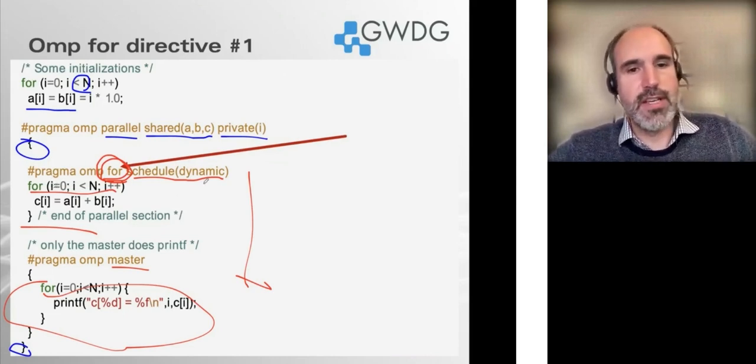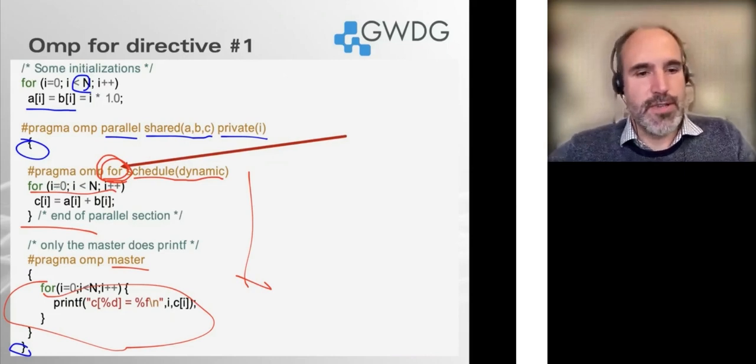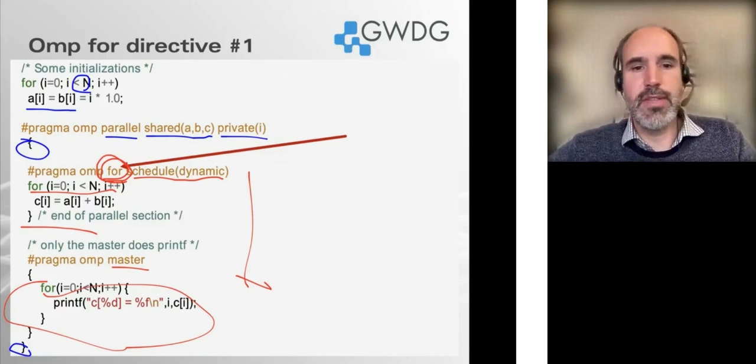And depending on your schedule, it is sometimes even unpredictable which iteration numbers i are assigned to a thread. It's sometimes done by the compiler, sometimes the runtime environment. It really depends on the schedule you choose.